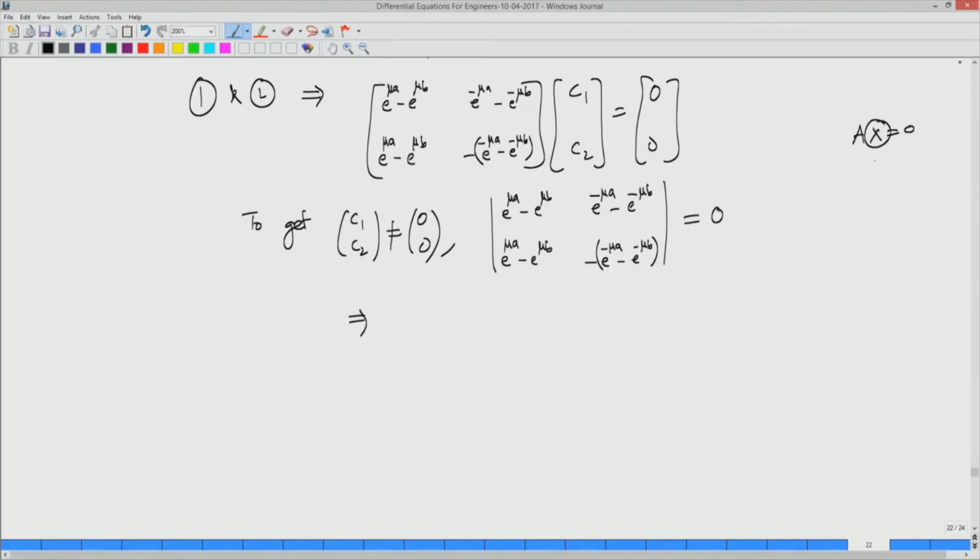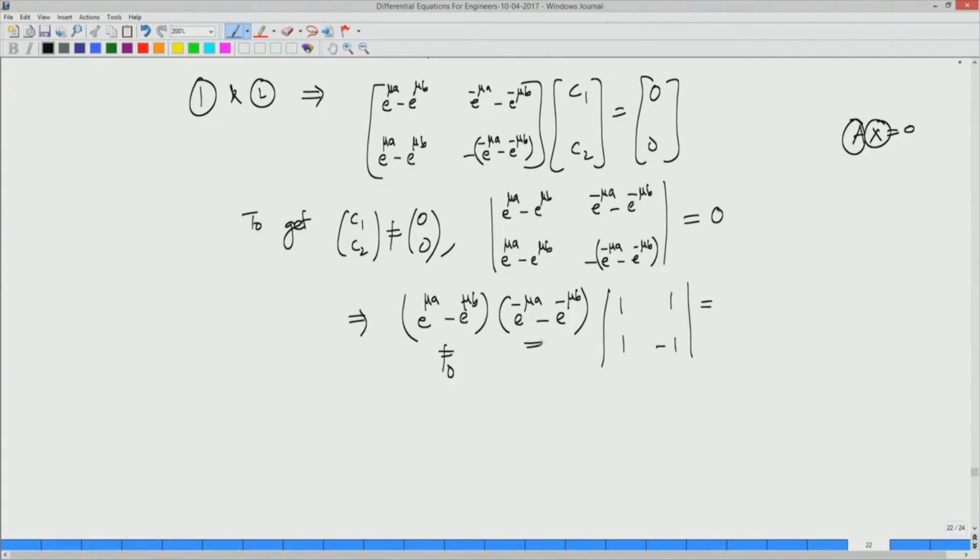To get a non-zero solution, the determinant of A has to be 0. The determinant means you take out e^(mu a) − e^(mu b) from the first column, and similarly e^(−mu a) − e^(−mu b) from the second column. So what you get is the determinant 1 1, 1 −1.